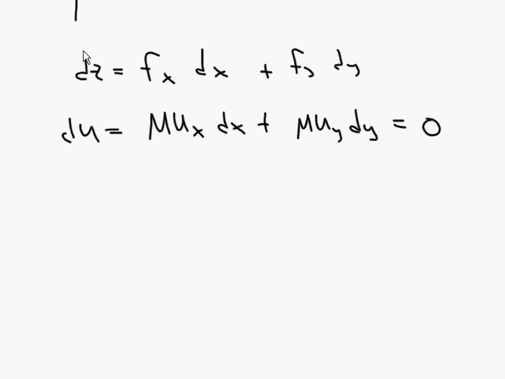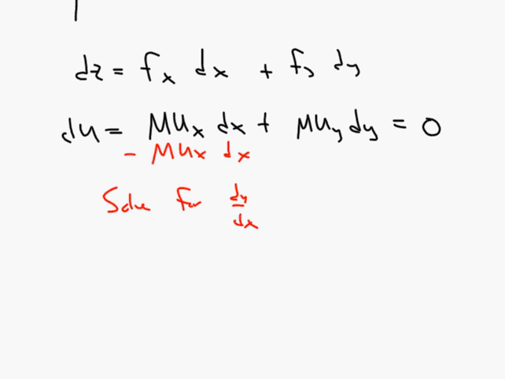So what I'm going to do now is solve this for dy/dx. How do we do that? Well, we subtract MUx dx to the other side, and then we divide by MUy.